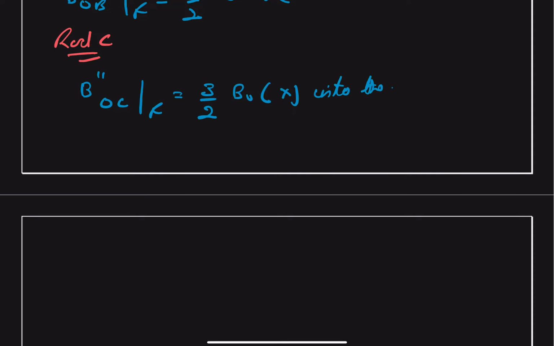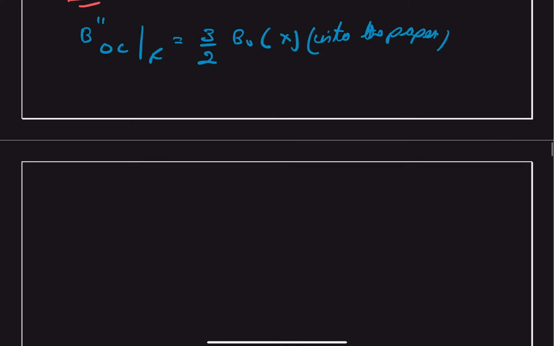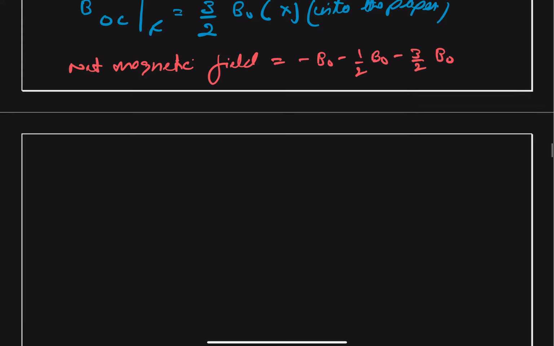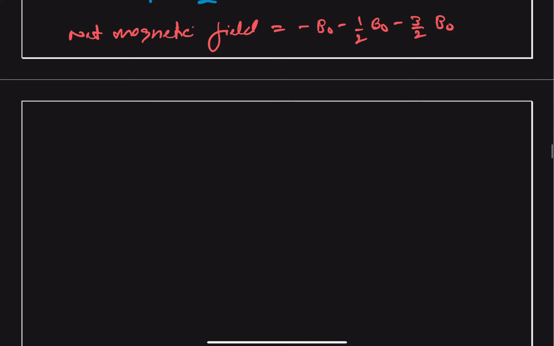Now we can easily find our net magnetic field. So the net magnetic field will be equal to minus B naught, minus half B naught and minus 3 by 2 B naught, and this gives us the net magnetic field.